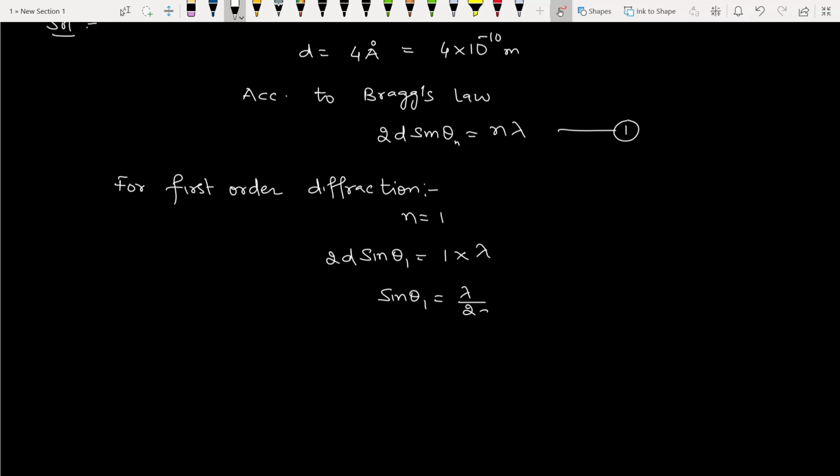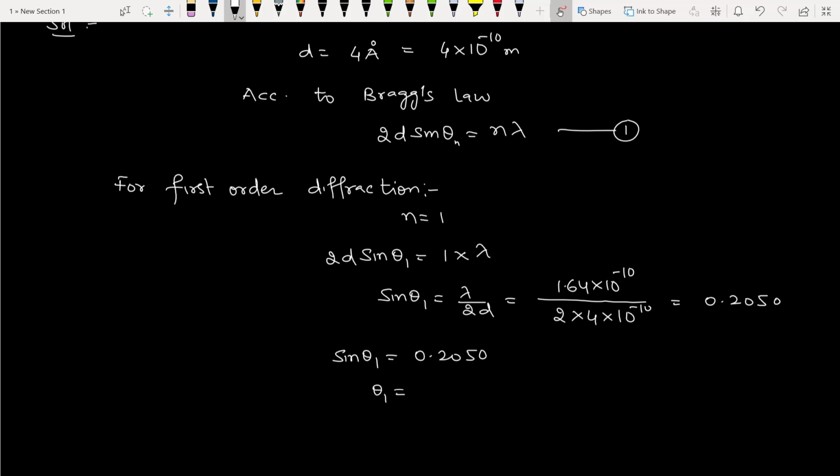So sine theta 1 is lambda upon 2d, which is 1.64 into 10 raised to power minus 10 upon 4 into 10 raised to power minus 10. When we solve this, it will be 0.2050. So sine theta 1 is 0.2050. From log table we can find the angle, and it is 11.83 degree.